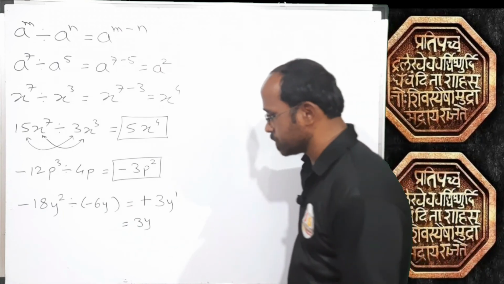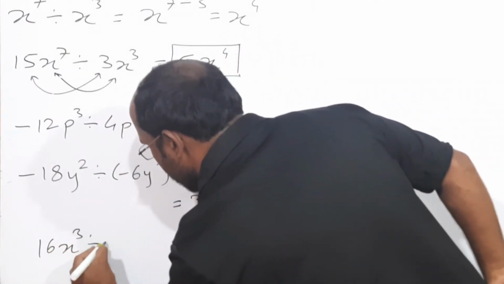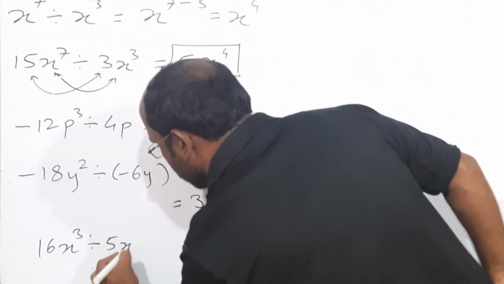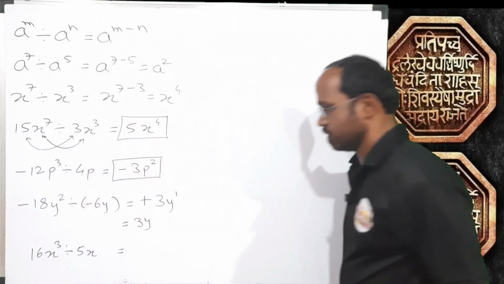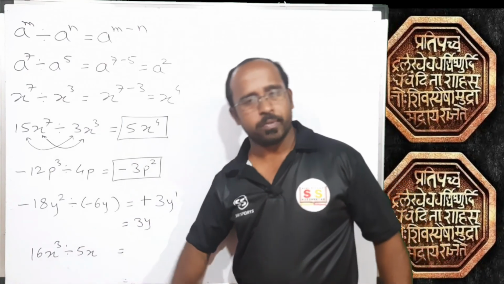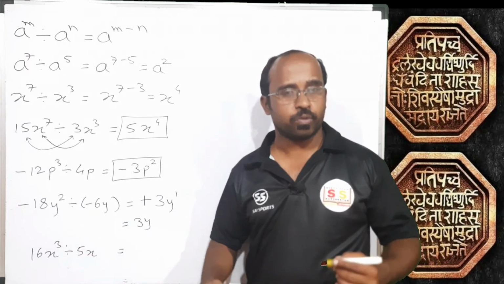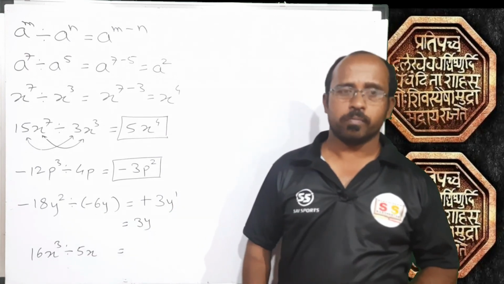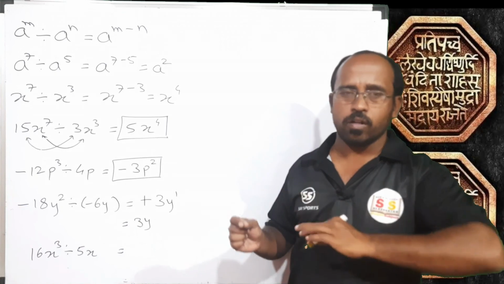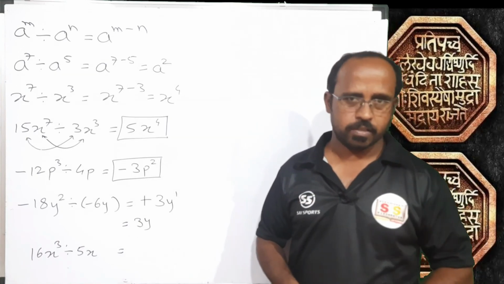Now it may happen in a few cases that proper division is not possible. Suppose the question is 16x raised to 3 divided by 5x. So what will be the answer? We have to divide coefficient by coefficient. But 16 is not divisible by 5. Then what to do? Students, I hope you remember. We can always write division in the form of a fraction, or a fraction is always considered as division.